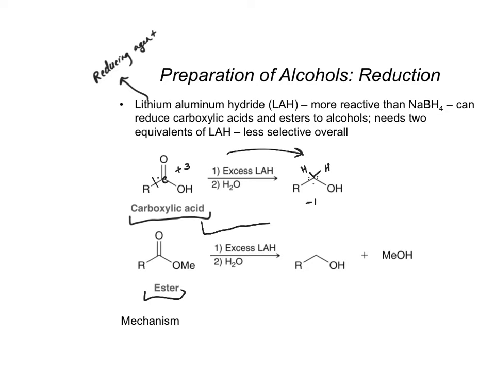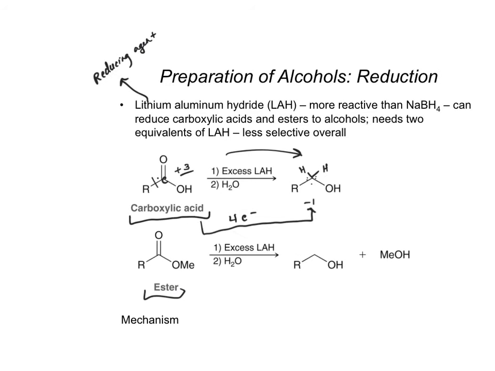So in this reduction, we're taking a carboxylic acid to an alcohol. This is a 4 electron reduction, because going from a +3 oxidation state to -1 requires 4 electrons. In our ketone or aldehyde to an alcohol, it was only a 2 electron reduction, right? So this is going to be capable of a 4 electron reduction overall.